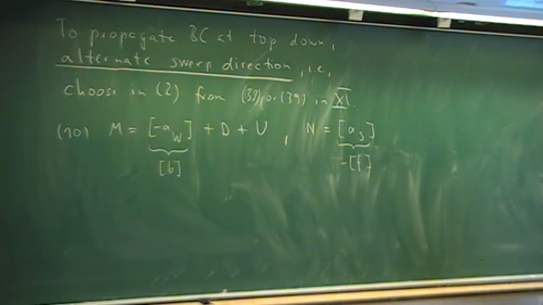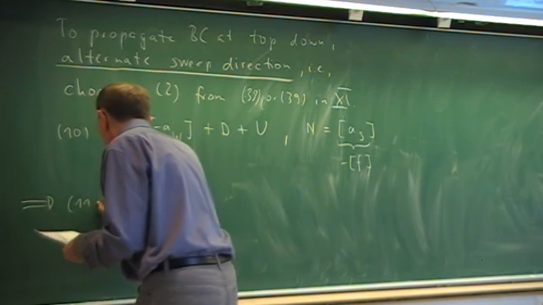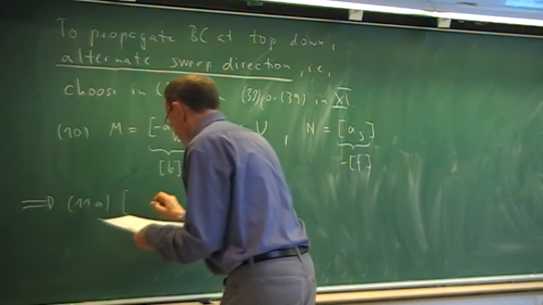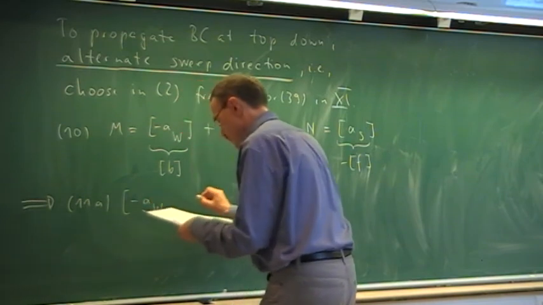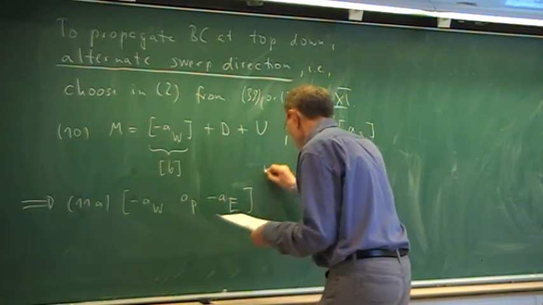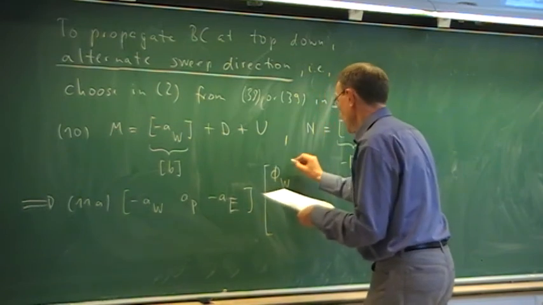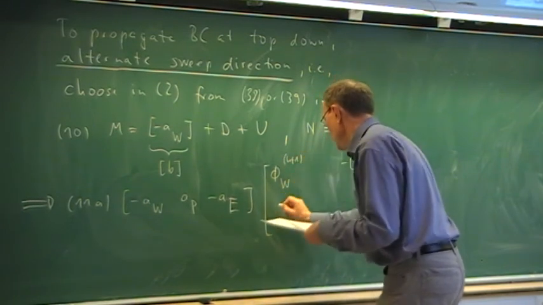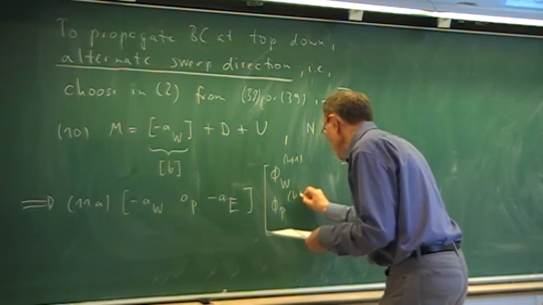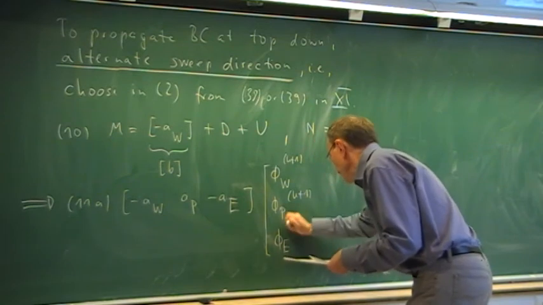So if we do that, we get 11a, where we have now the minus AW, the center coefficient, the minus AE coefficient involved, and the unknowns are still the values at west, P and E at the new iteration level.